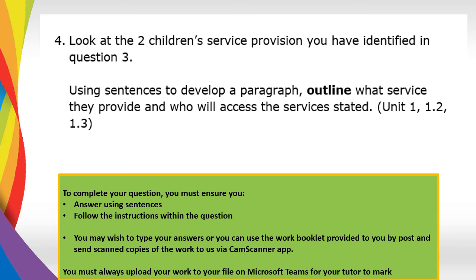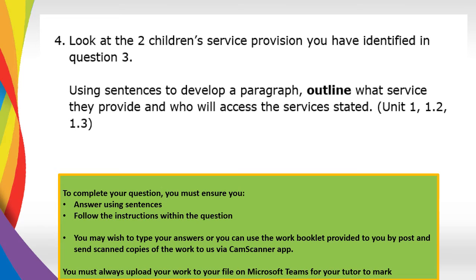Then on to question 4, you need to look at the 2 children's service provision that you identified in question 3. So if you've not finished question 3, please go back to that first. Then using sentences to develop a paragraph, outline what service they provide and who will access the services stated.